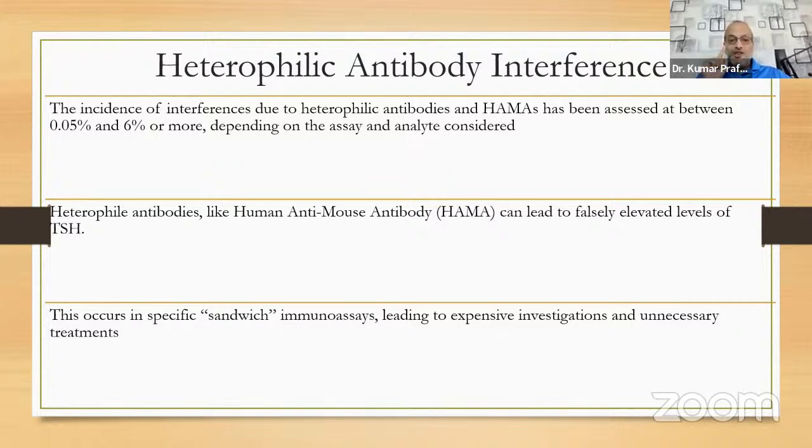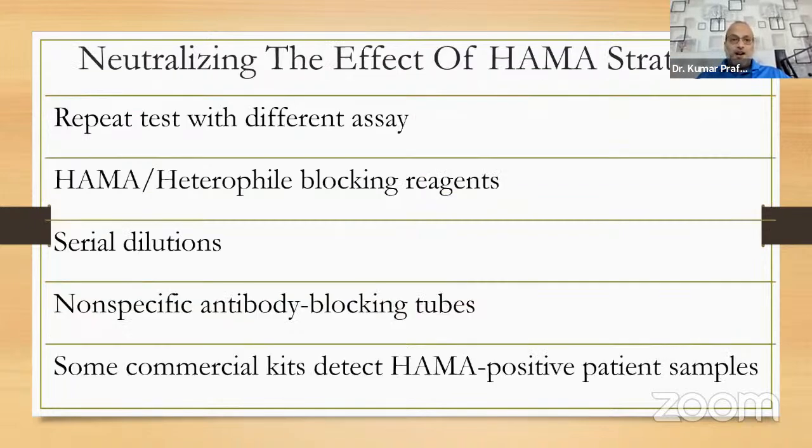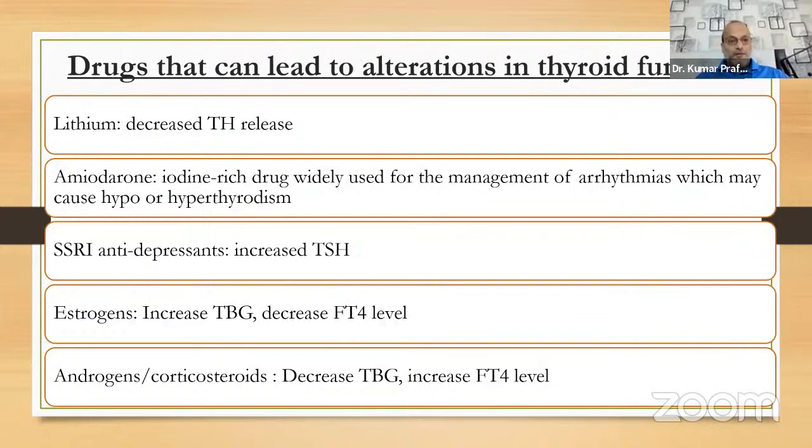Here you need to discard TSH values or use an immunoassay where human anti-mouse antibodies are neutralized, and only then consider TSH, otherwise consider free T4 for thyroid replacement. There are certain strategies for neutralizing the effect of HAMA, which I'm not going to discuss for benefit of time.